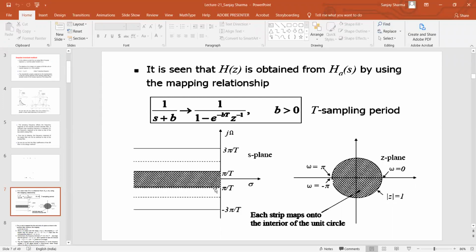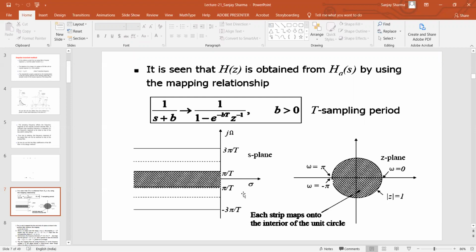Now, what are these strips? The strips will go from minus pi by T to pi by T, minus 3 pi by T to minus pi by T, pi by T to 3 pi by T. So let us look at this strip going from minus pi by T to plus pi by T. What happens with this technique is that if you substitute the values of S, you get values inside the unit circle.